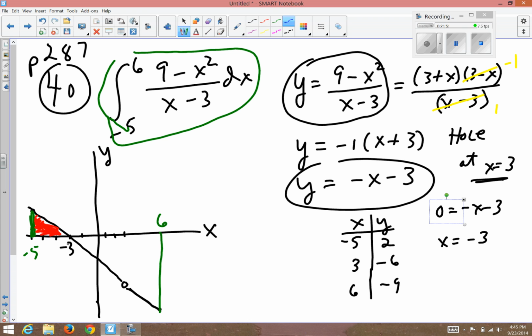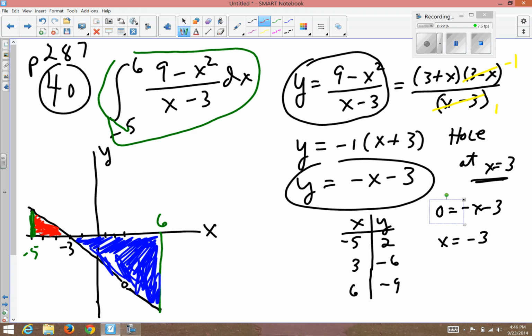And the integral from -3 to 6, since all of this blue is below the x-axis, is a negative number. So we're splitting this problem into two parts: from -5 to -3, get an answer, from -3 to 6, get another answer, and then just put the two answers together.